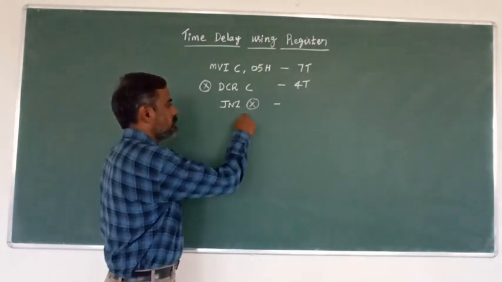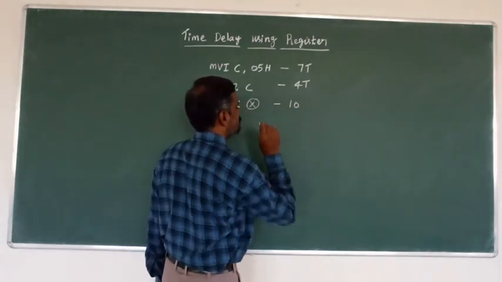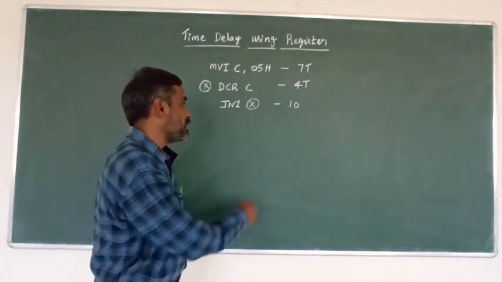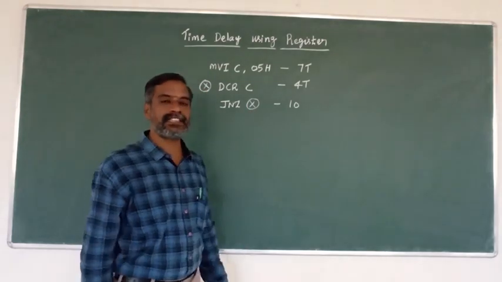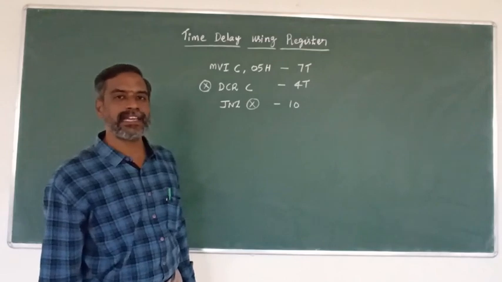When the condition is satisfied, it requires 10 T states: opcode 4 and the 16-bit address requires 6 T states, total 10 T states.